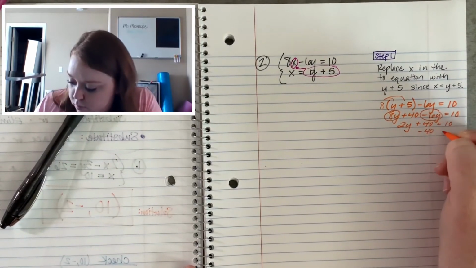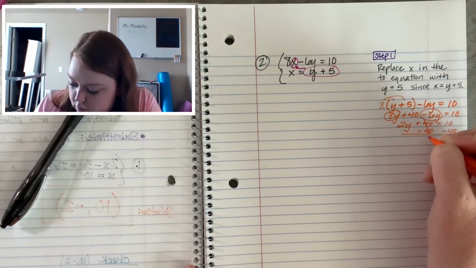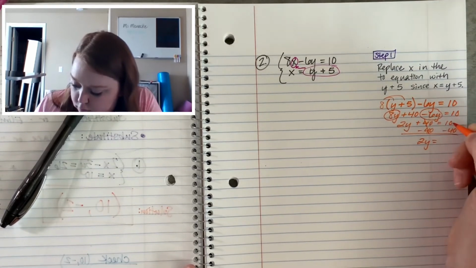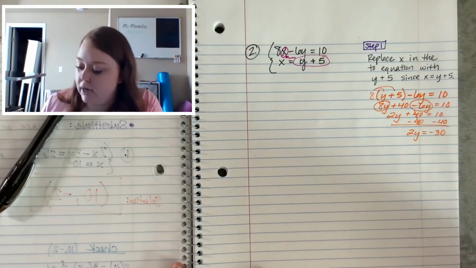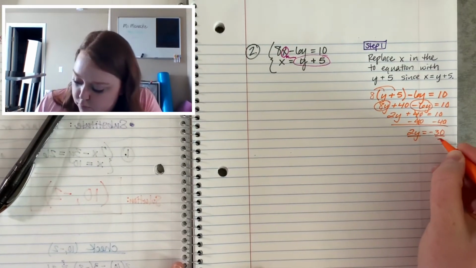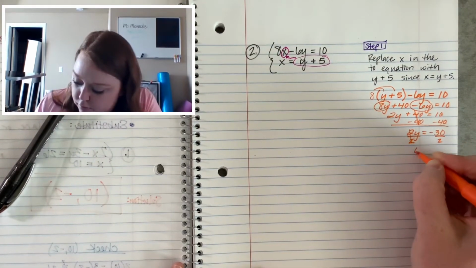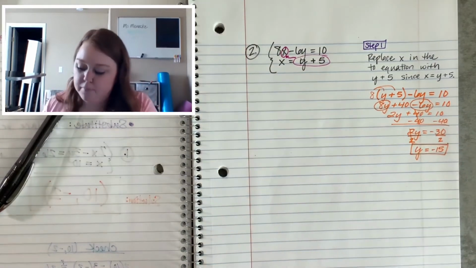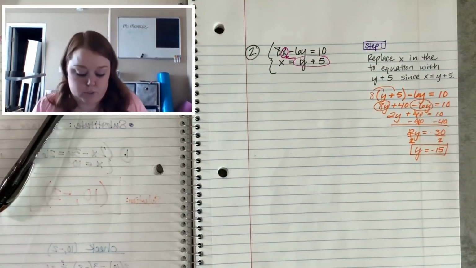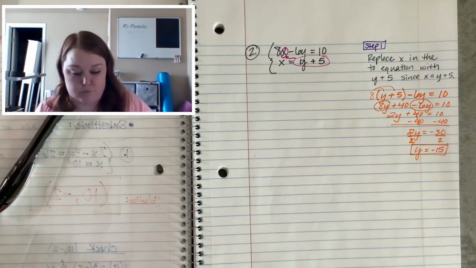Subtract 40 on both sides. 2y equals negative 30. Got to get y by itself, so we divide by 2. y equals negative 15.